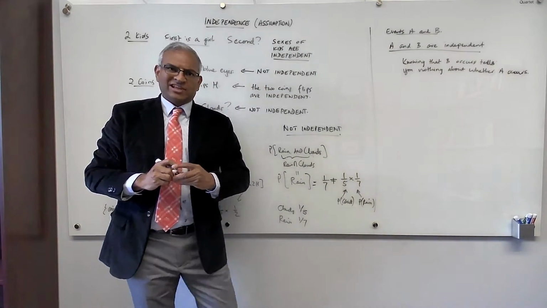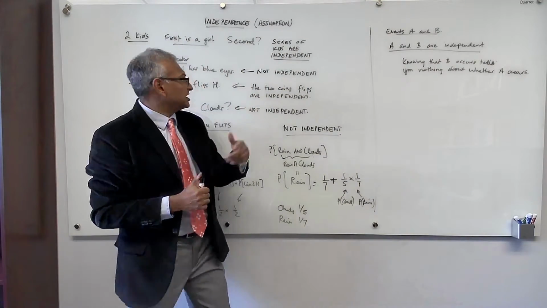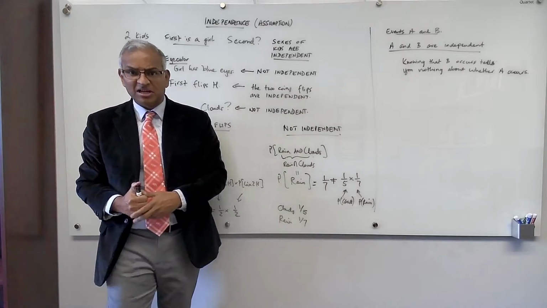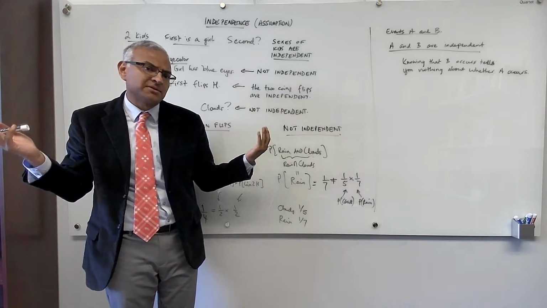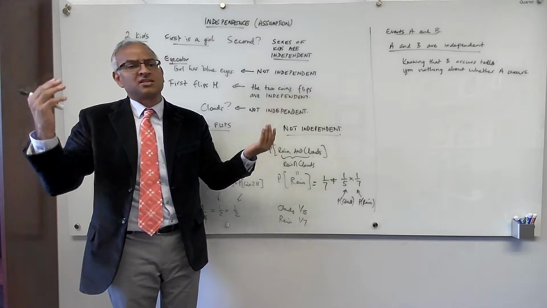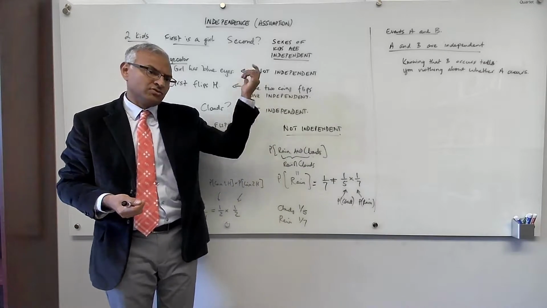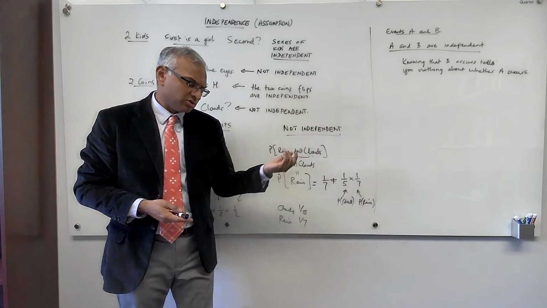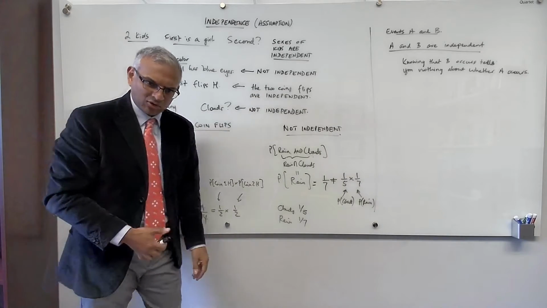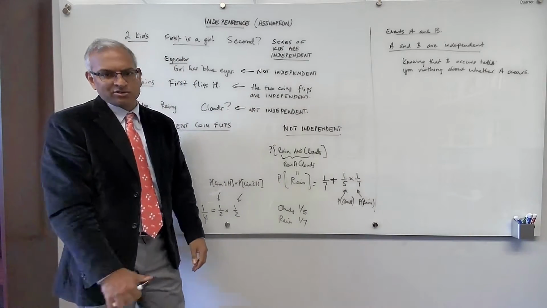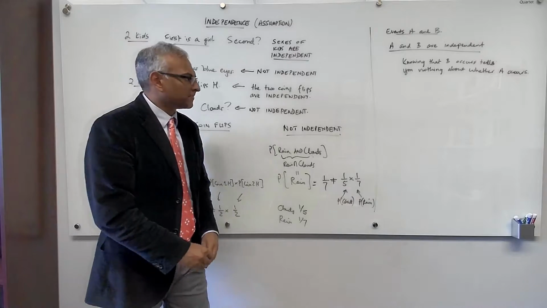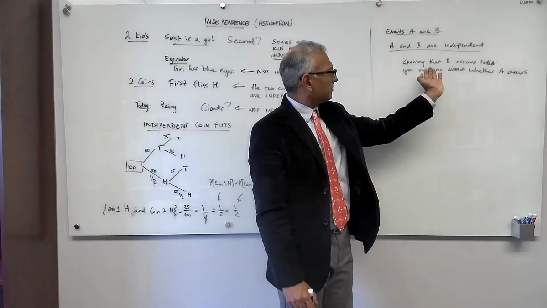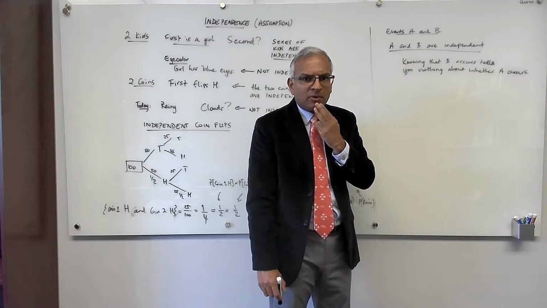Okay, so if I tell you that B occurred, okay, thank you very much. If I tell you that the first child is a girl, well, thank you very much. It tells me nothing about the second child. What are the chances the second child is a boy? Still a half. If you think of getting children as flipping coins, and each child is equally likely to be either a boy or a girl, heads or tails. So knowing that B occurs tells you nothing about whether or not A occurs.